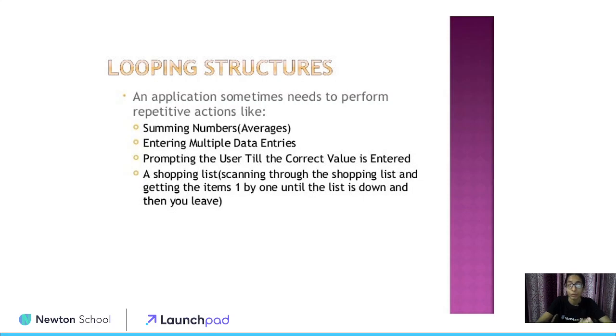Suppose I have to build an Excel sheet, I will not put in each and every piece of data one by one, but I'll give a condition like this range to add to this cell and that range to add to that cell. That is how ranges are defined by looping.